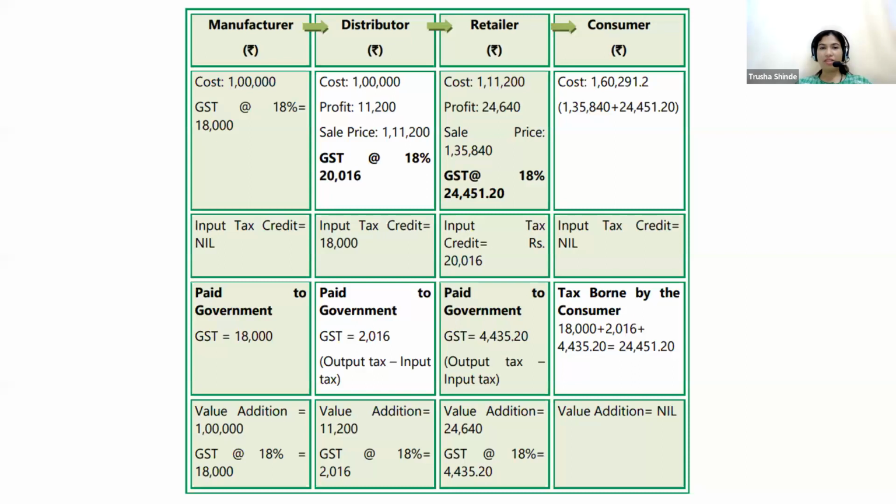The cost and the GST rate are there. Here you can observe the profit, that is the additional cost or additional expenses which I was talking about, whatever it is, the sales price would come. I hope you have taken the screenshot of it, or do you want me to glance through this also?